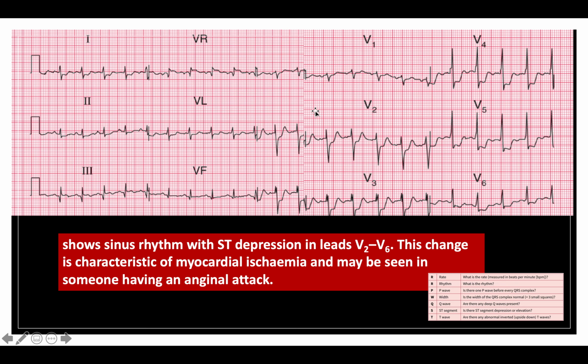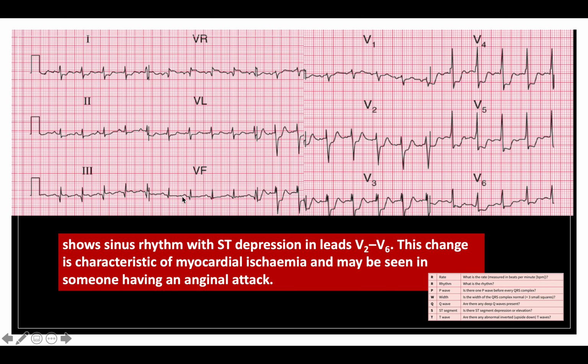Now, whether it's sinus depends on whether you can see a P wave. You can see a P wave just before every QRS complex in lead 1. You can see it in lead 2. You can roughly just about see it in lead 3. How about the augmented leads? Remember, AVR is always a negative reciprocal, and in AVL you would always see a more negative deflection in the S wave compared to the R wave.